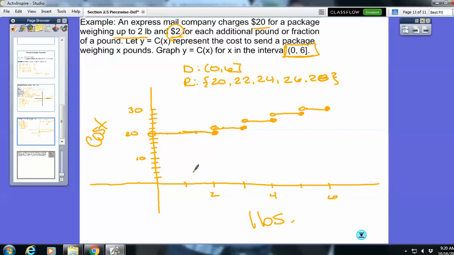We were only talking in between those values, since we stopped it at 6, we're not going to go above. All right. Questions?